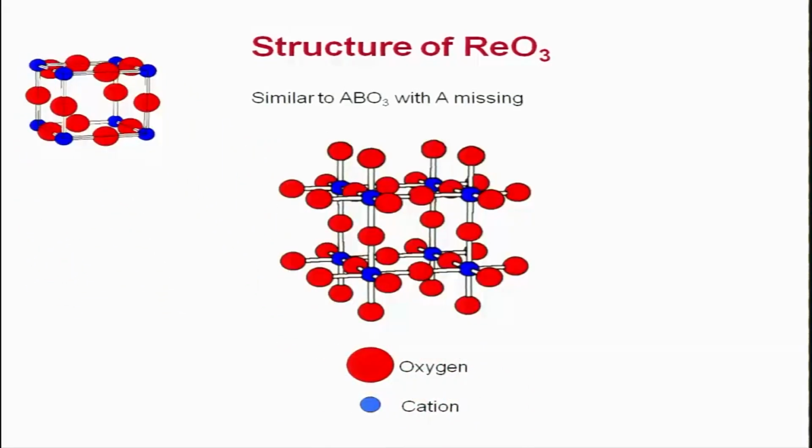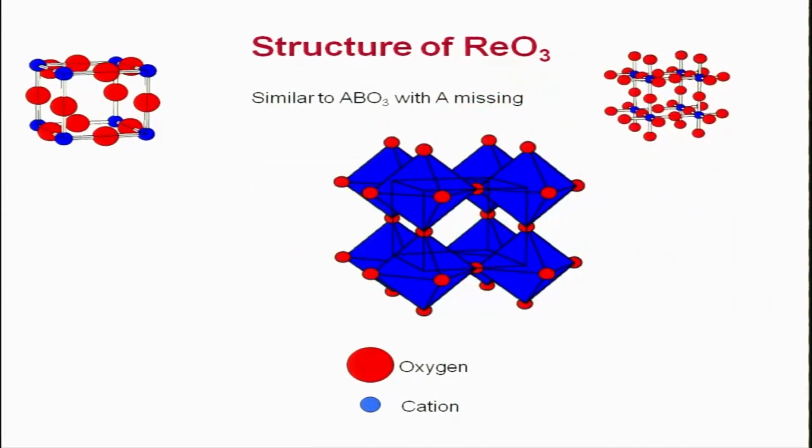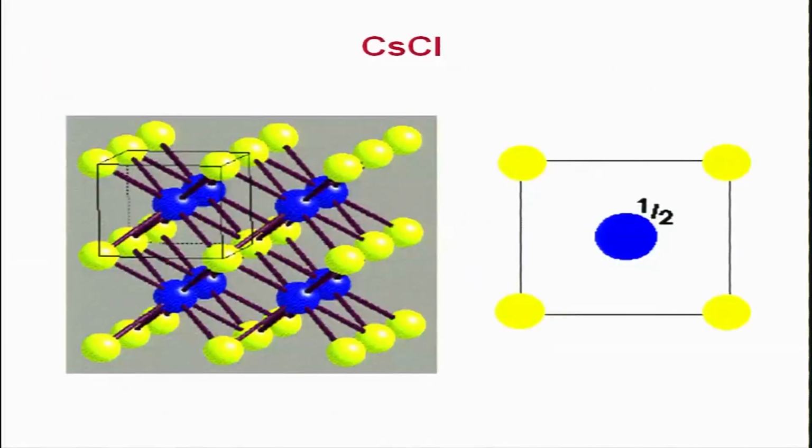You can make a slightly elongated structure, show the octahedra clearly, and if you make the polyhedral view, it looks like this, the polyhedral view of the ReO3 structure. So, this is the cesium chloride sort of structure. You can say that these are the dumbbell shaped structures. These are all chlorine atoms, these are all cesium atoms.